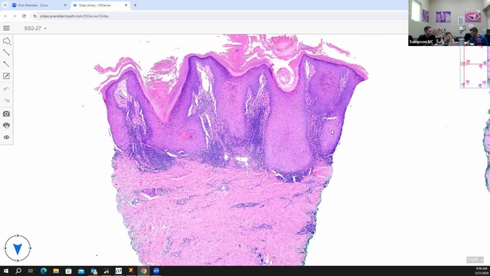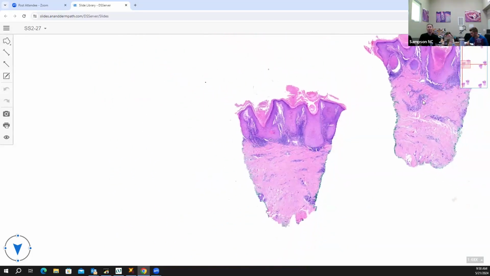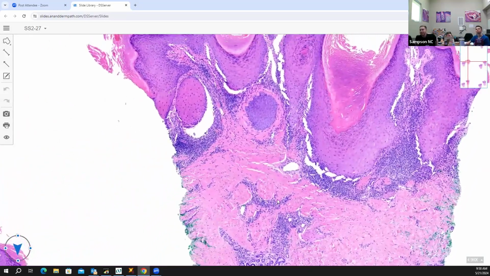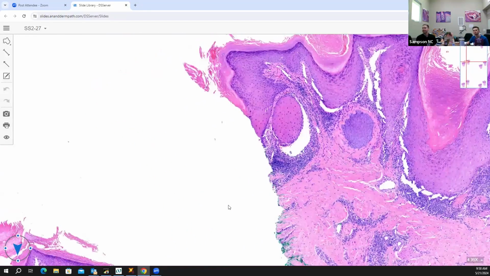It looks like we have some areas of almost invaginated hyperkeratosis there. Acanthosis of the epidermis. When I started to look at the areas of invagination, it looked like it had some coarse hypergranulosis as well. It made me start thinking of things on the warty differential, like condyloma acuminata.